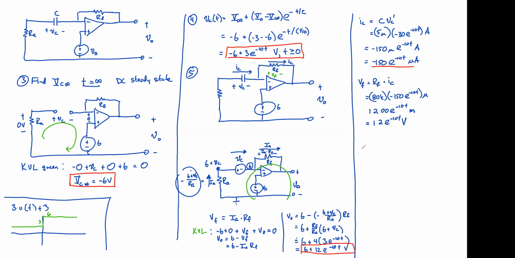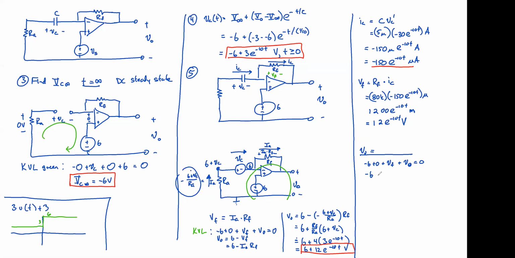And now we can finally find out what our V naught is. If we do our loop around here, our green loop, we want to find our V naught. It's equal to minus 6 plus 0 plus VF plus V naught equals 0. So that's our green loop to the right.